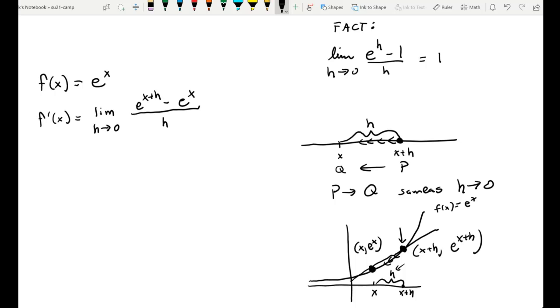Okay, and so then we have to compute this limit, but there's no algebra that we know that will help. Let's try to evaluate directly. As you expect, you get e to the x minus e to the x over 0. So that's 0 over 0, indeterminate. So there is one piece of algebra we could do, right? We could use properties of exponents there.